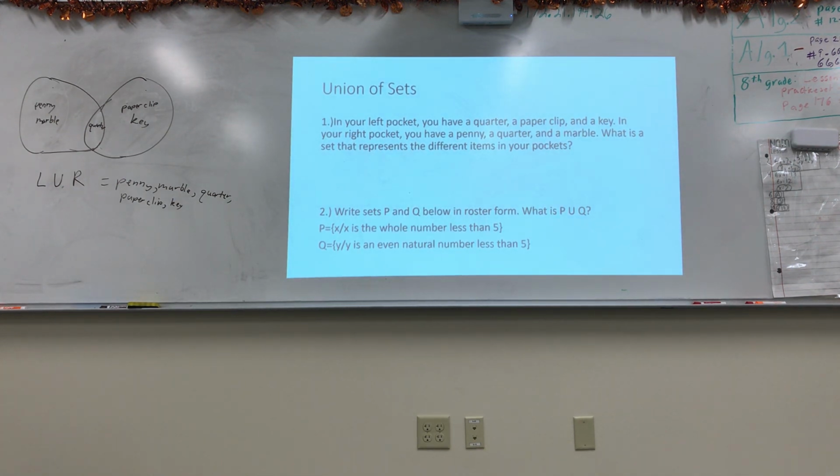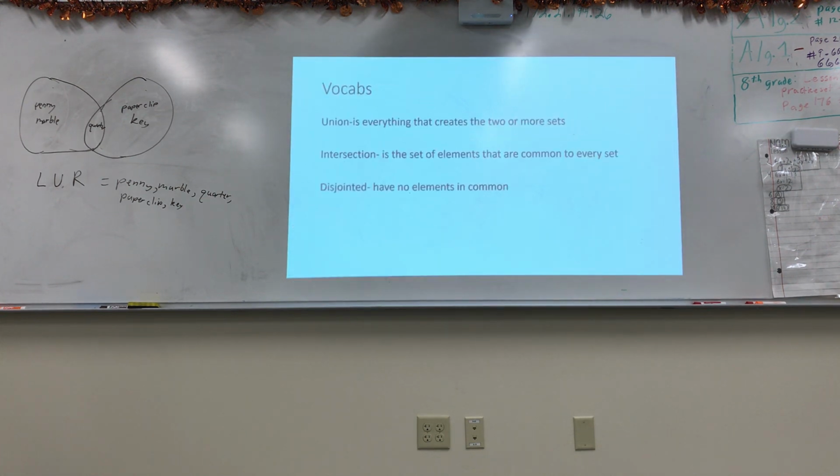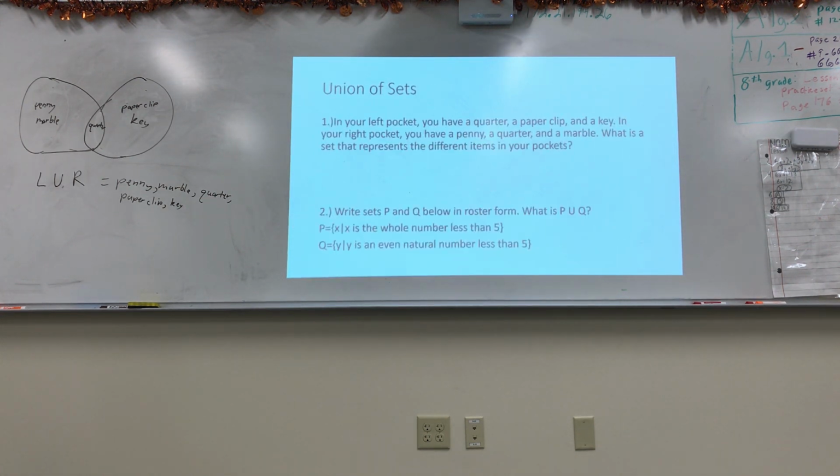On part 2 here it says write sets P and Q below in roster form. What is P union Q? So P is x, a whole number less than 5, and Q is y, an even natural number less than 5.